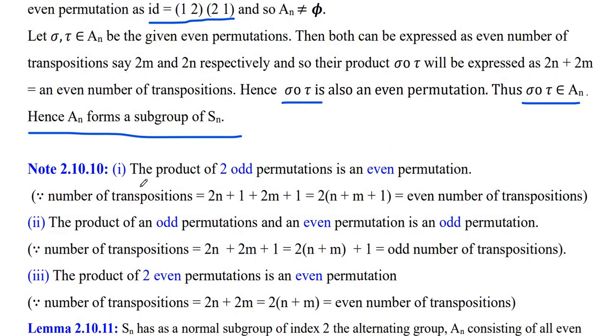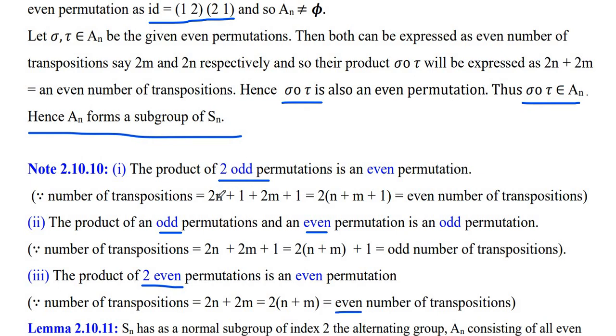Now from this we also note one more thing, that if we have 2 odd permutations, what will be the corresponding composition? It will be even. And when we have 1 odd, 1 even, we will have odd permutation. And just now we had product of 2 even permutations will be even.